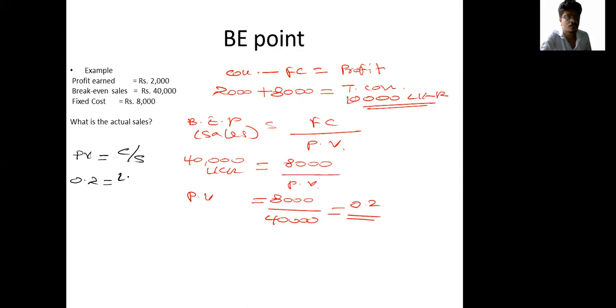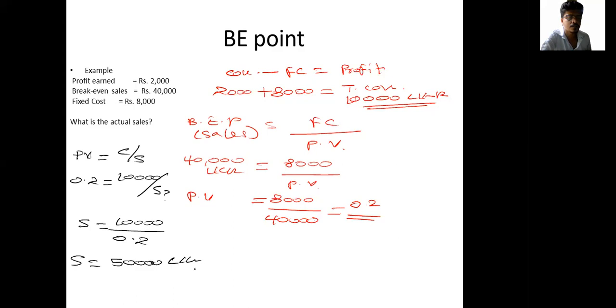Contribution we know is 10,000. Then we are going to get the value for S. S equals 10,000 divided by 0.2. Sales equals 50,000. Okay, 50,000, son? Yes, good.